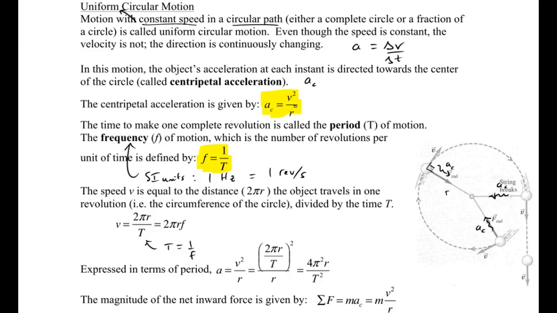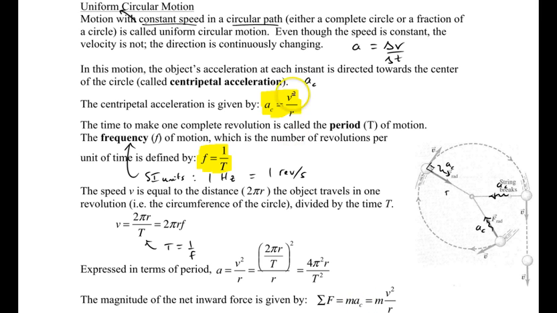Now, if the object is accelerating radially inwards, then we can assume that there must be some unbalanced force acting on the object as it moves in a circle to cause this acceleration. The net force, or the net inward force, is really just given by Newton's second law. Sum of F equals ma, but we're looking at this special type of acceleration called the centripetal acceleration.